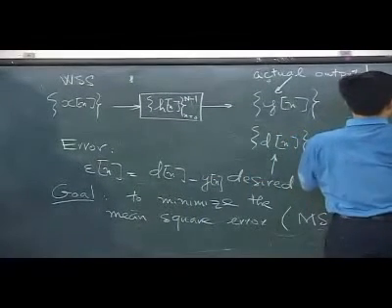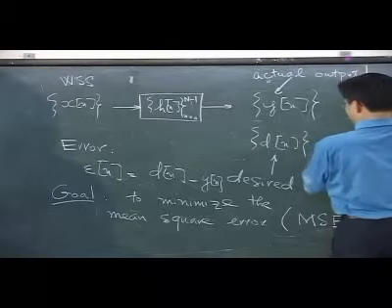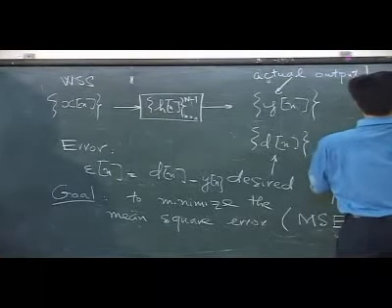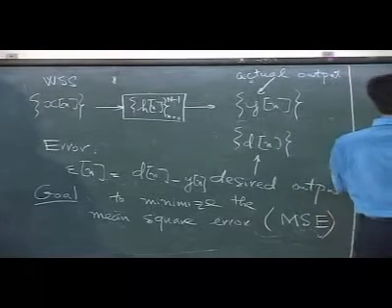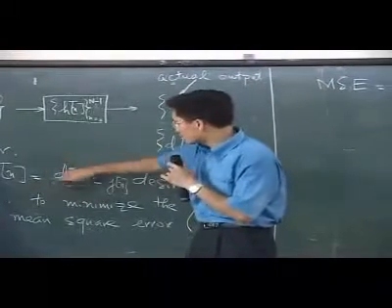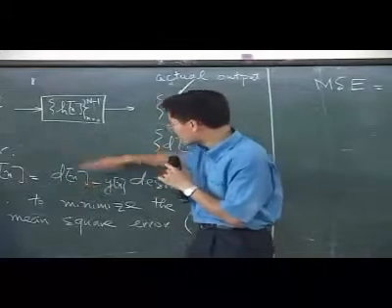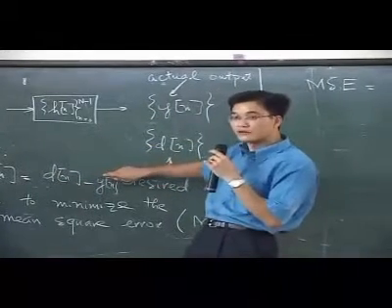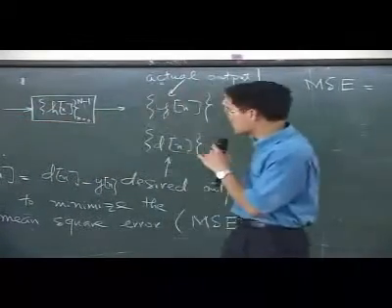So some function, mean square error, is equal to... This could be a fixed number or a random variable, but this obviously is a random variable, right? Because I take a random input and get a random output.